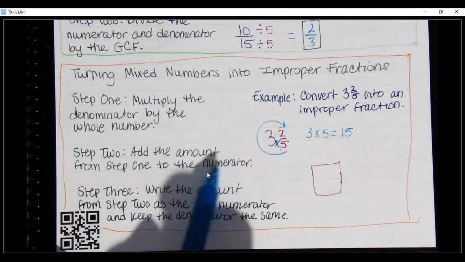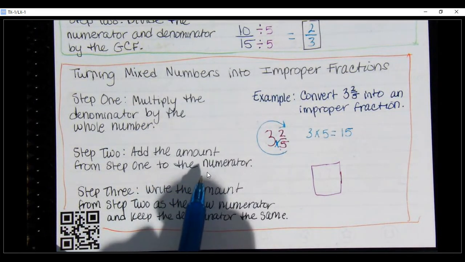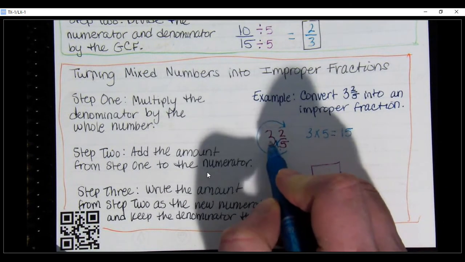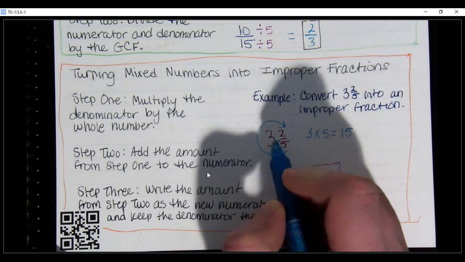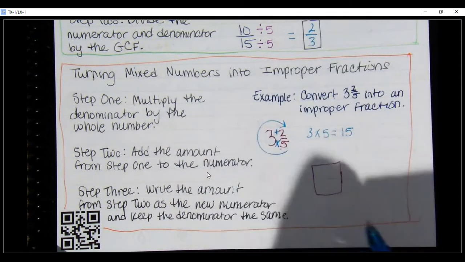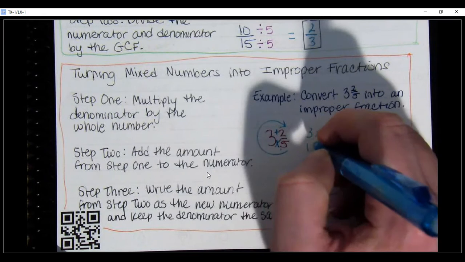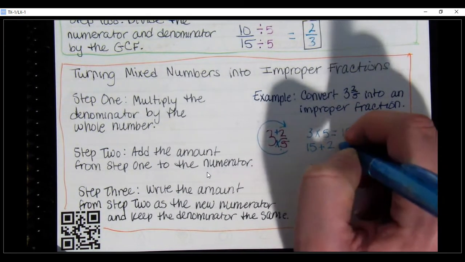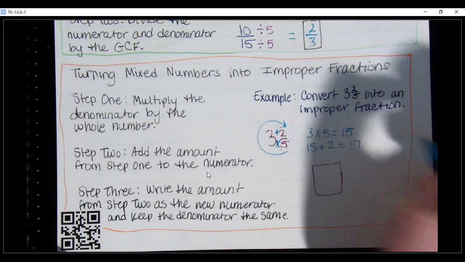Step 2, add the amount from step 1 to the numerator. I multiplied my denominator by my whole number, so 3 times 5. Then I'm going to take that answer and add it to my numerator. So I had 15 when I solved it, and I'm adding that to my numerator of 2, which is equal to 17.